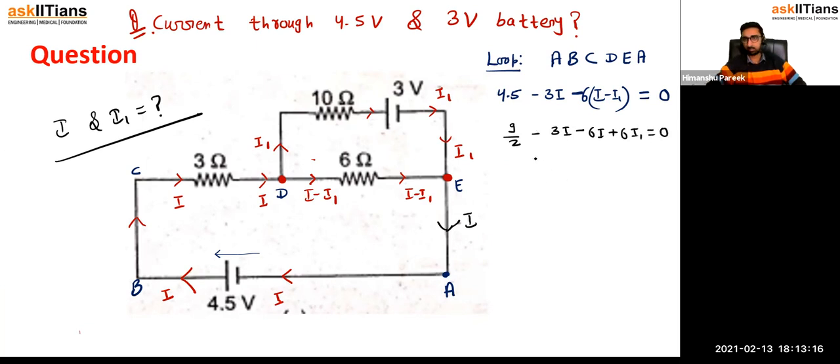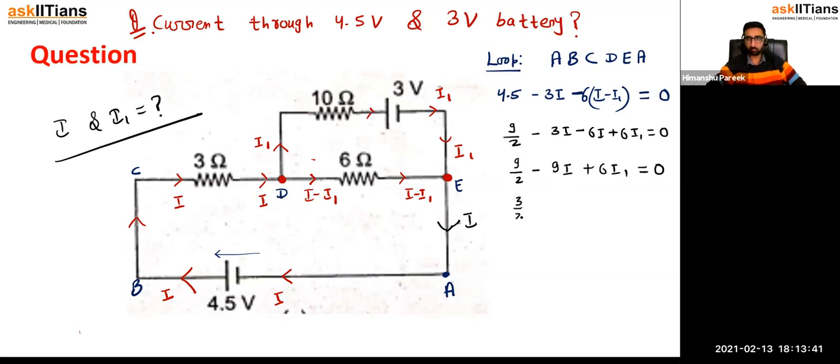And what else can I do here? 9 by 2 minus 9I. Tell me if I'm making any mistake. You can check yourself while watching this lecture. 9 by 2 minus 9I plus 6I1 is equal to 0. Now we can do some simplification.